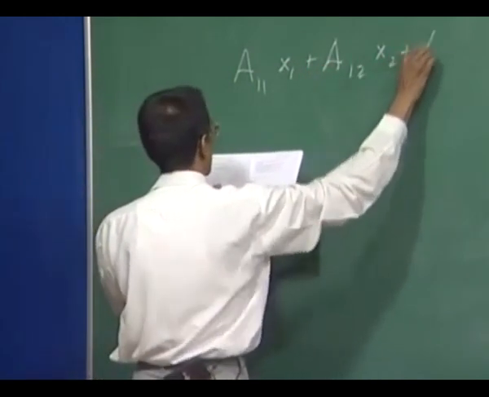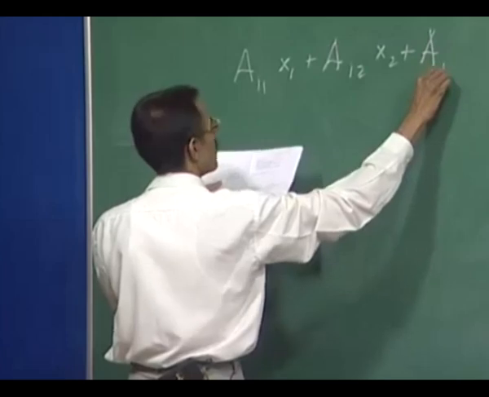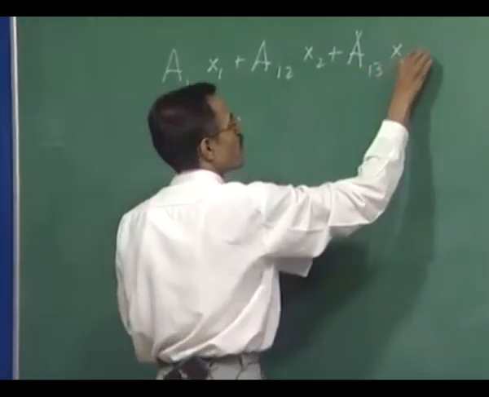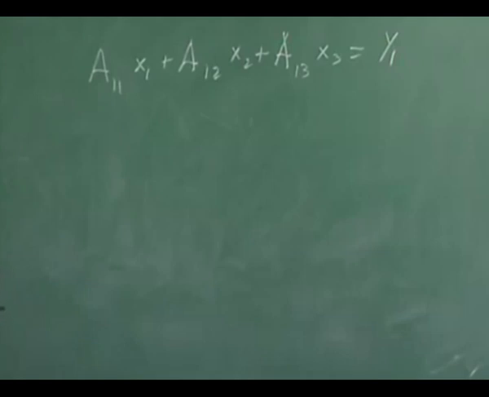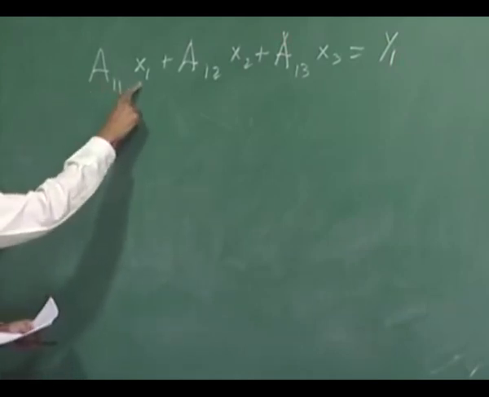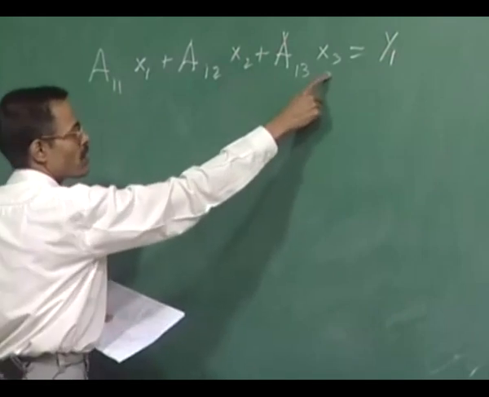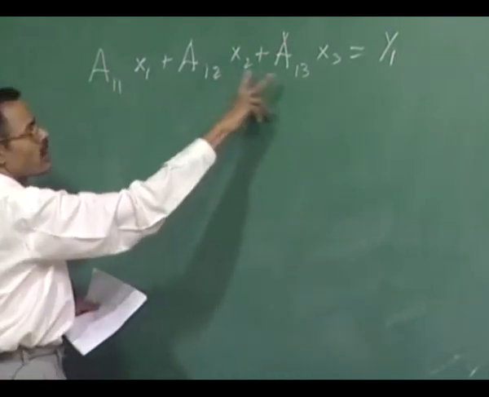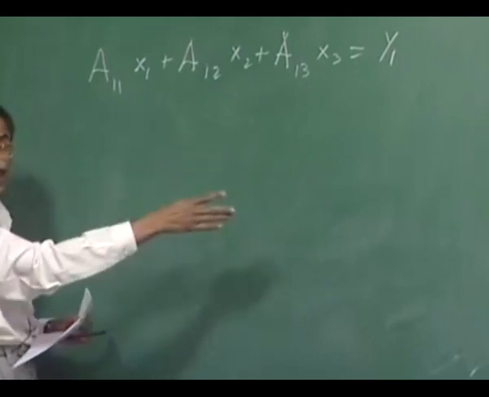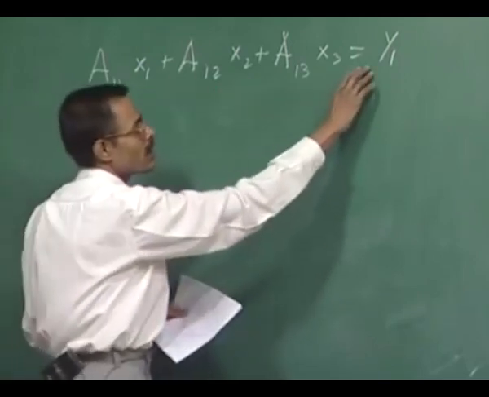That will appear like this, and this kind of partitioning is valid as long as these individual matrix vector multiplications make sense, their dimensions are compatible, these additions make sense, their dimensions are compatible, and this equality makes sense.